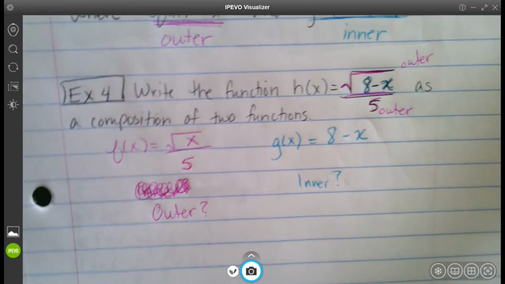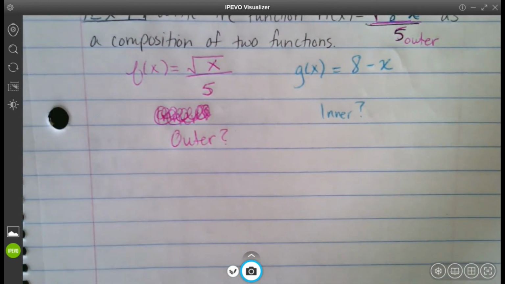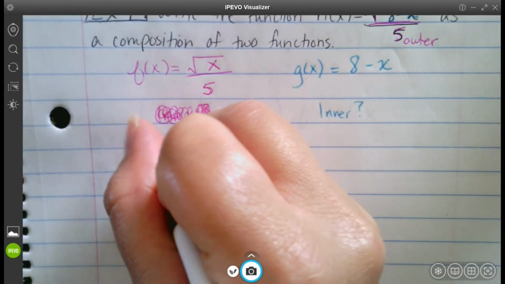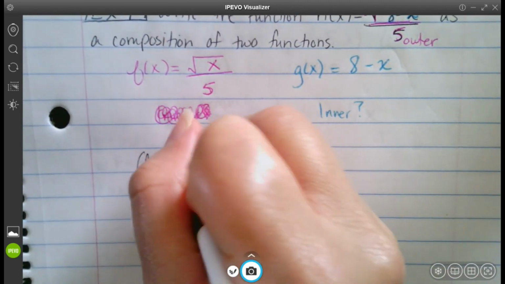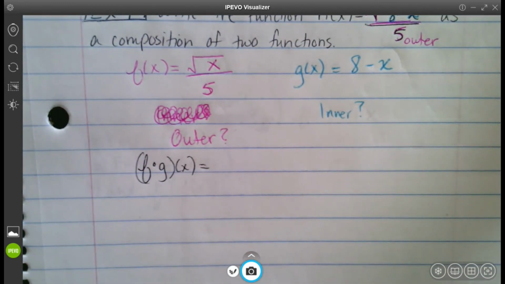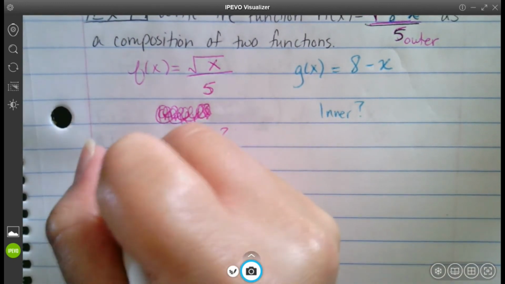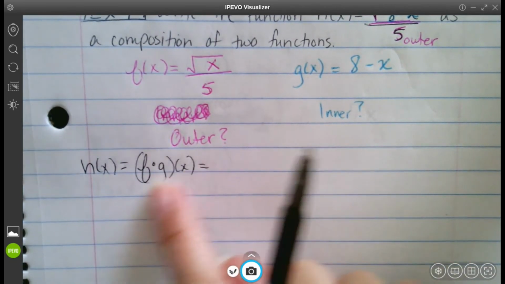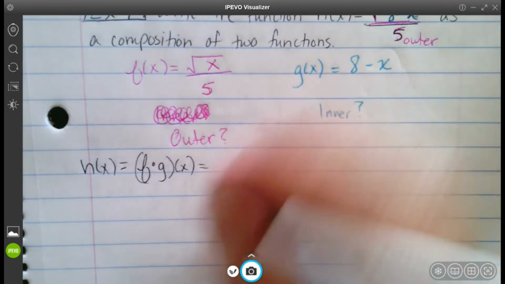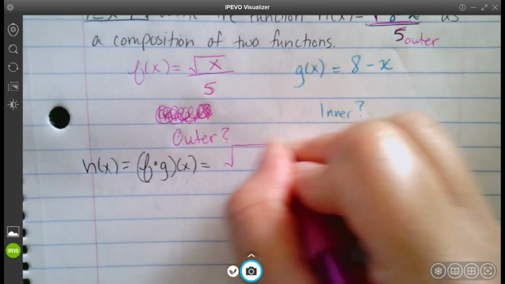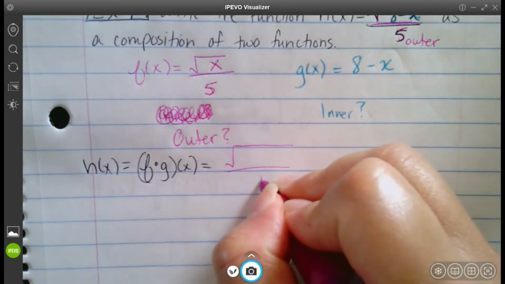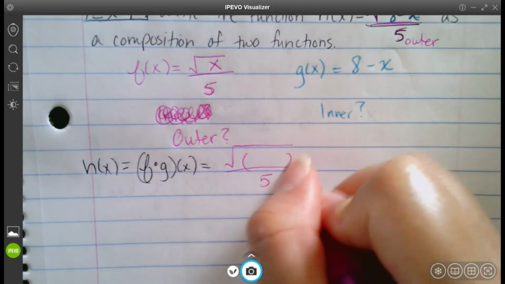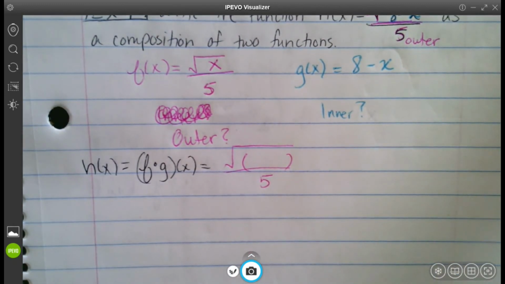Let's check this and see if it will work. If I were to do f composite g of x, and we're going to say that this is equal to h of x, some new function, we just renamed it. I would take the f function, so square root over 5, and instead of the x, I put parentheses.